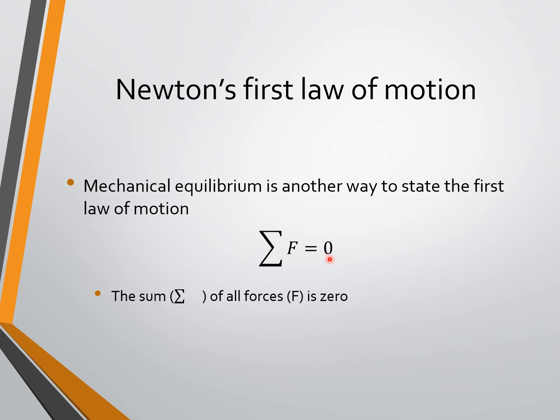If the sum of all forces is 0, we then have either our object at rest or our object moving in a straight line at a constant speed. So it's going to be our job to see whether or not Newton's first law of motion holds true for our particular situations.